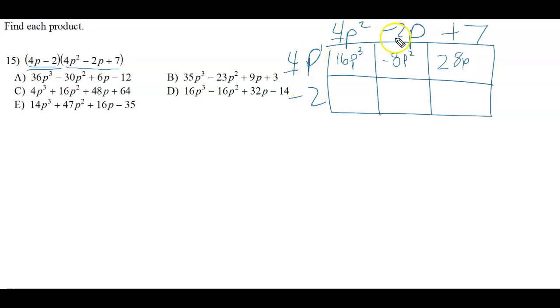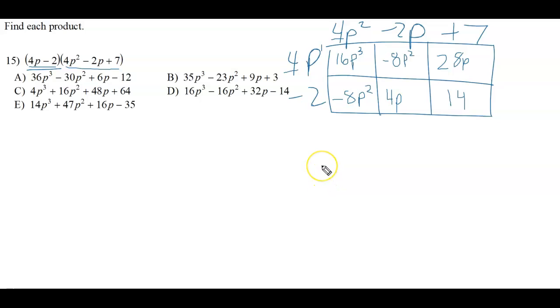Negative 2 times 4p squared is going to be negative 8p squared. Negative 2 times negative 2p is going to be positive 4p because the negatives cancel. And negative 2 times 7 is negative 14.